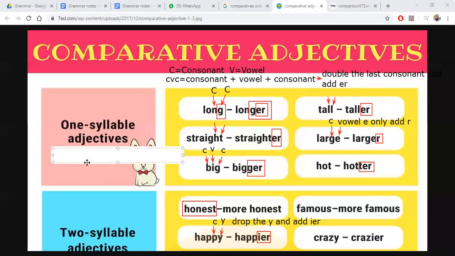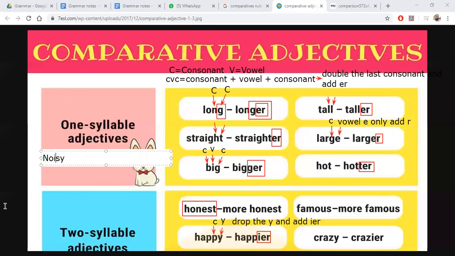So, question. What is the comparative of noisy? Do it in the chat. Let's see how many people are understanding. Write in the chat. You don't need to know the definition, you just need to know the word. Noisy.